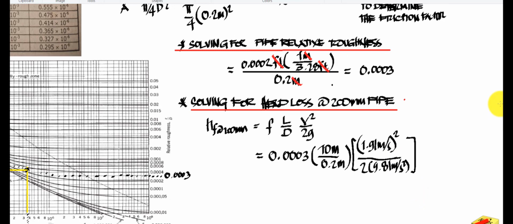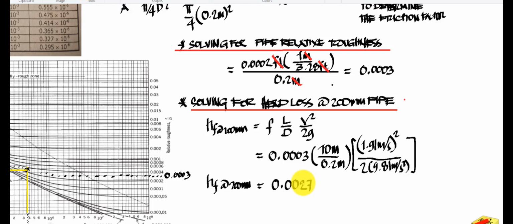Using our calculator, we have the value of the head loss for the 200 mm pipe, 0.0027.